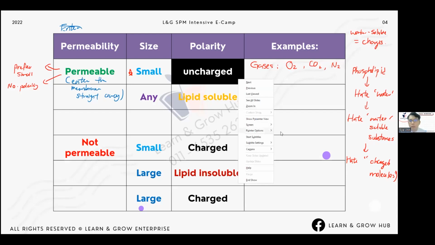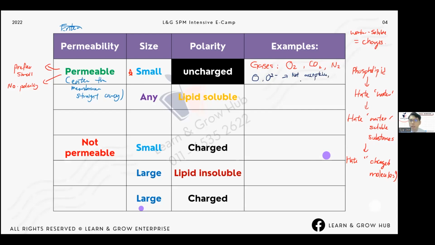Sometimes students say, teacher, my answer was marked wrong. Then I ask the student, what is the answer? Oh, because I put O, or maybe I put O2 minus. Okay, so this one is not acceptable, because it's not uncharged.